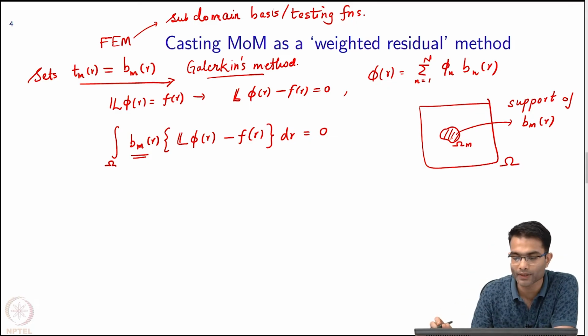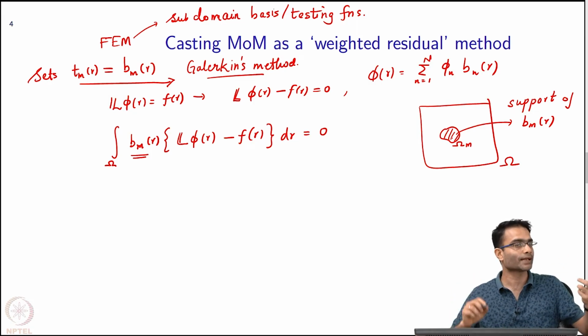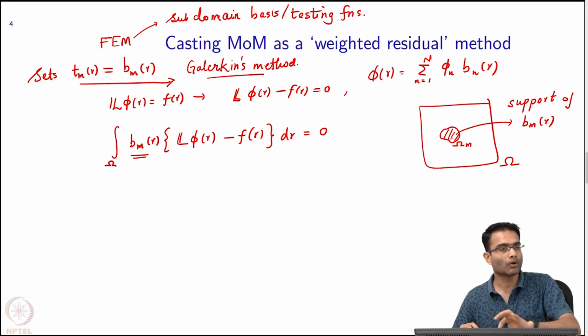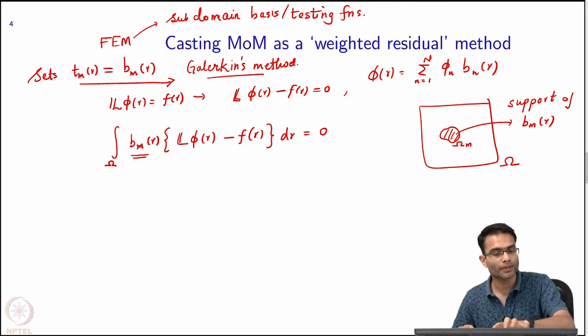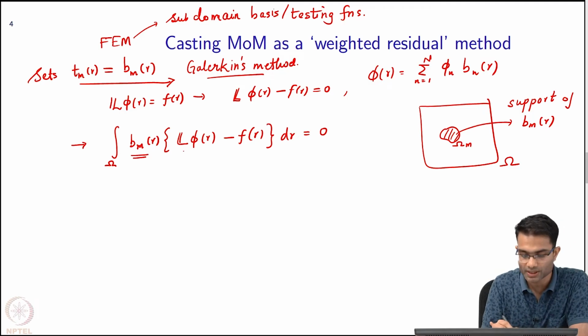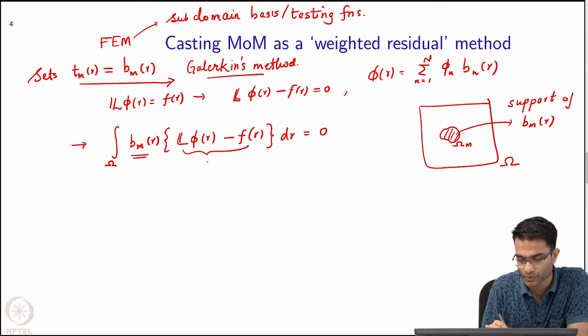Now, we started by saying that the earlier method was enforcing the delta testing, enforcing the differential equation at a few discrete points. Can we give an interpretation to this equation? This is the differential equation I want to enforce. I can view this as a residual.